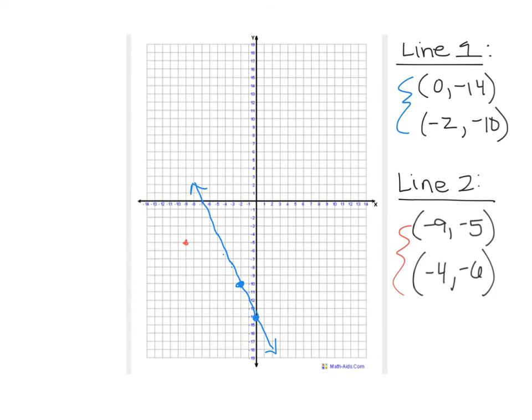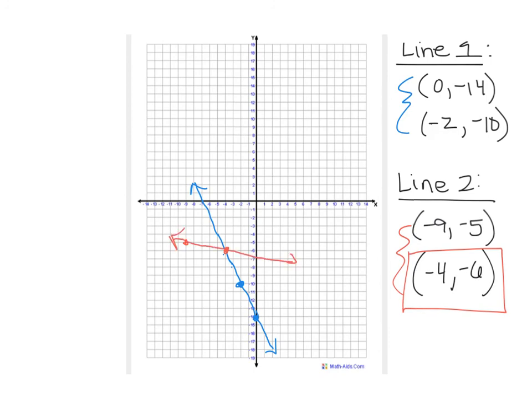And then (-4, -6), I go to the left 4 and down 6, and that puts me right here. As you can see, it puts me right on that blue line. So automatically I know that it intersects at (-4, -6).